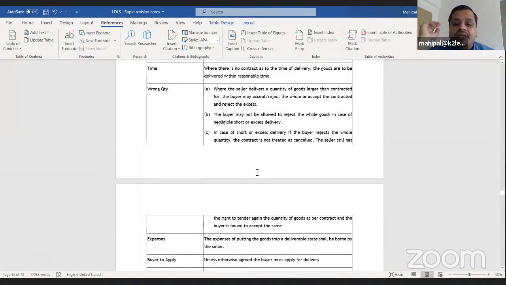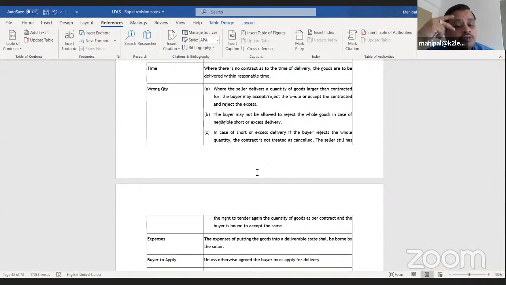Delivery of wrong quantity, where the goods are sent and they are of the wrong quantity. It could be excess, it could be less, which is short, or it could be equal, or it could be mixed. In case of excess delivery, the buyer has 3 rights: accept all, reject all, or accept the quantity contracted.